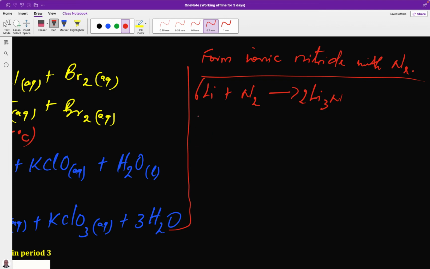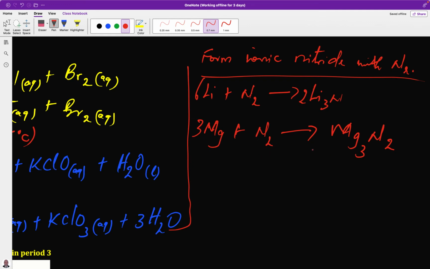Lithium will react with nitrogen to form the nitride. The same thing with magnesium. Magnesium will react with nitrogen to give, so I will have 3 here, magnesium 3 nitrogen 2.